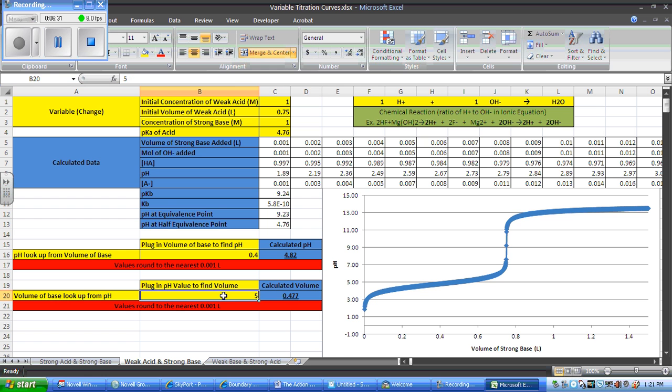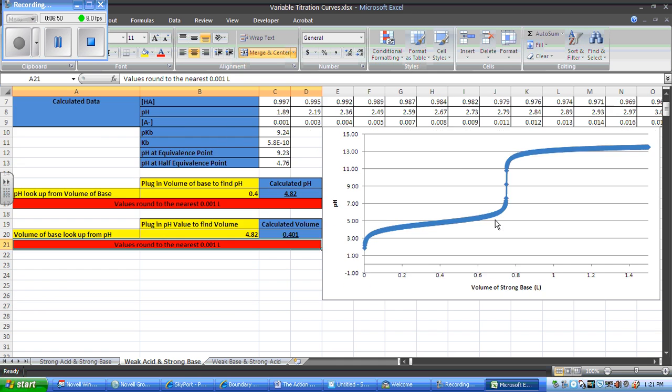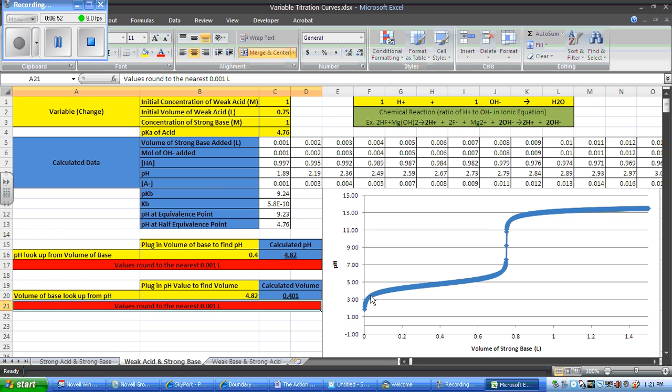But just to show you again that this should be the same as this, except inverse, I can type in 4.82 for my pH and it should be 0.4. 0.401. This does round slightly, as the warning on here says. So that's basically it for the titration curves for the weak acid and strong base.